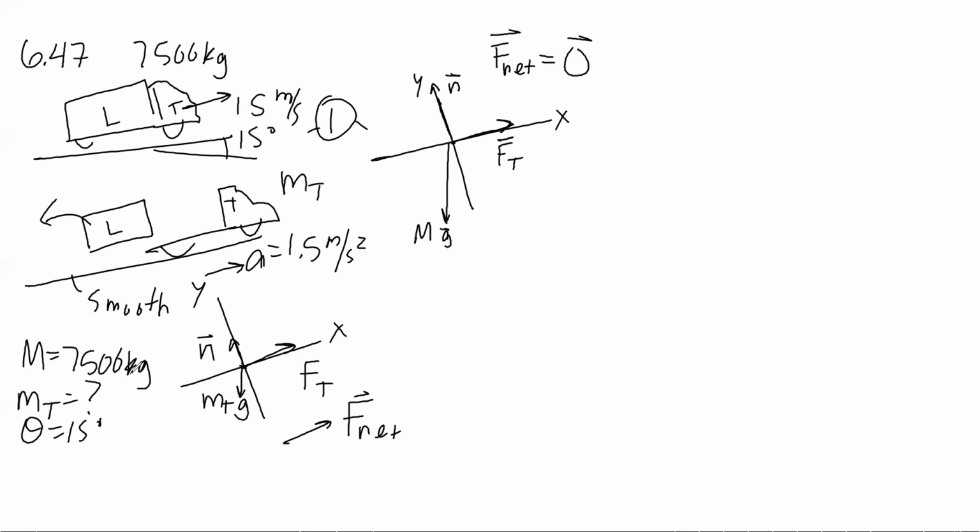Okay, so with that, this is a good pictorial representation, right? We're modeling, of course, the truck as a particle, and doing things as correctly as in the book as we can.